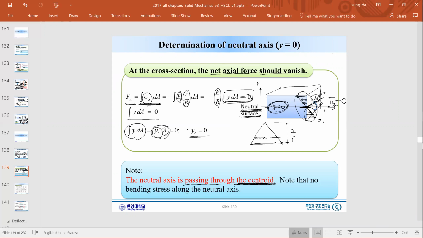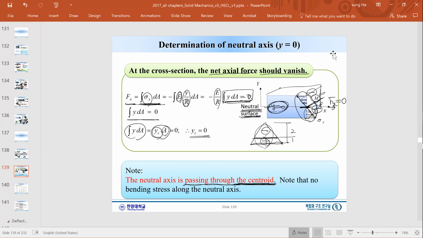So this is the neutral axis, and as you can see here, this is minus and this is plus, and this is minus and this is plus, and the sum of these forces should be 0. So it's clear that the neutral axis should pass through the centroid. Again, the summation of sigma x should be 0. That's the reason why the neutral axis should pass through the centroid.